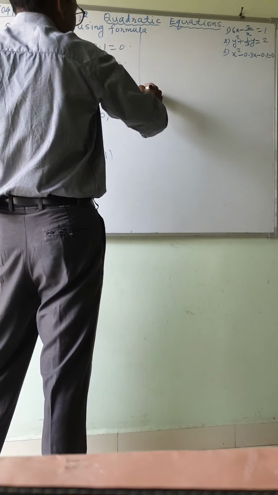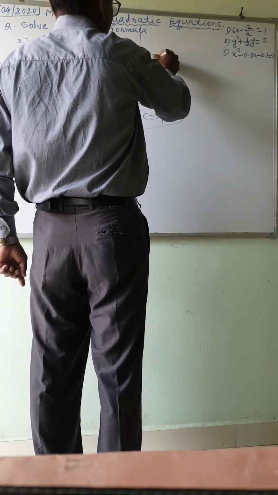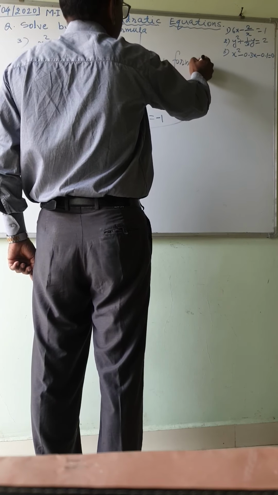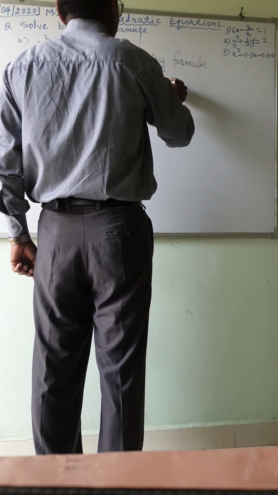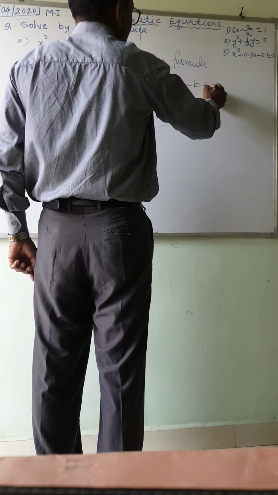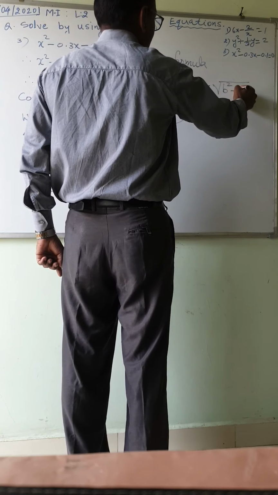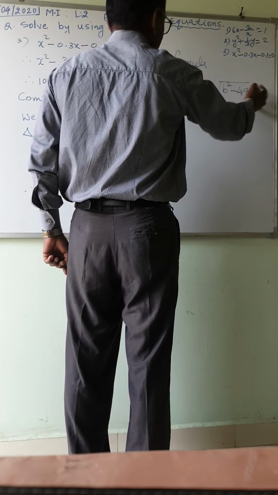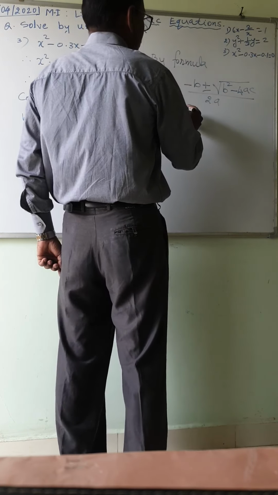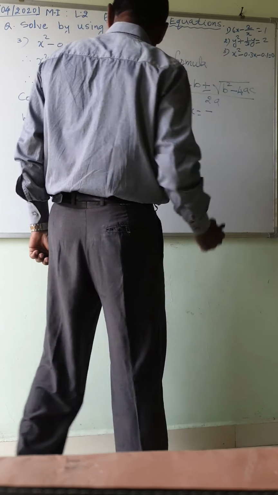Now by formula, x is equal to minus b plus or minus root of b square minus 4ac upon 2a. Therefore, x is equal to minus b.